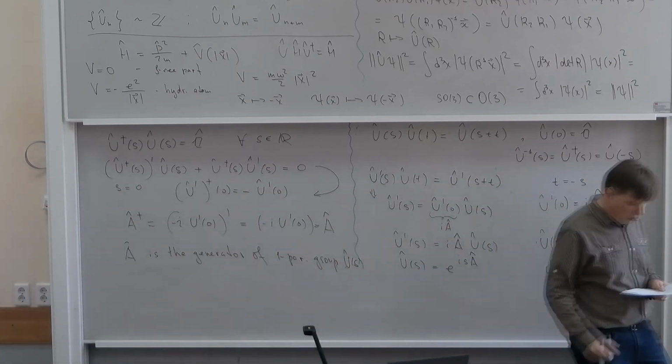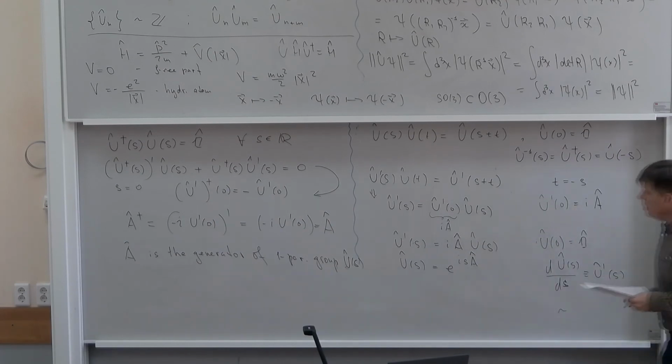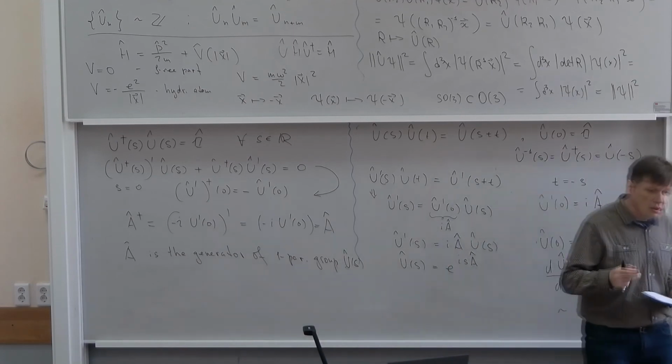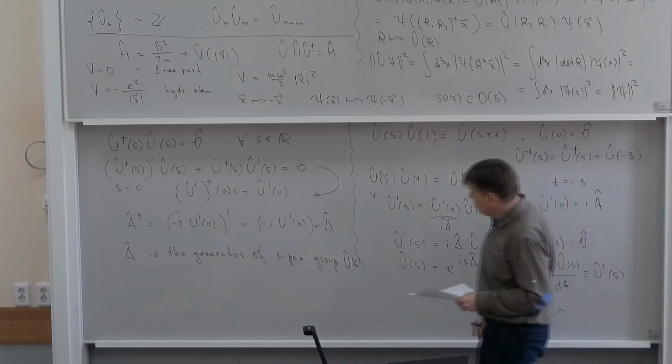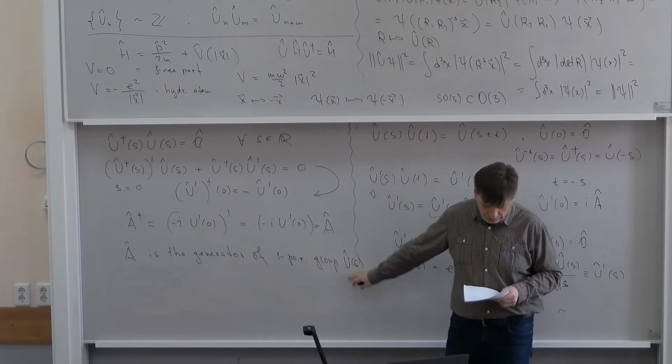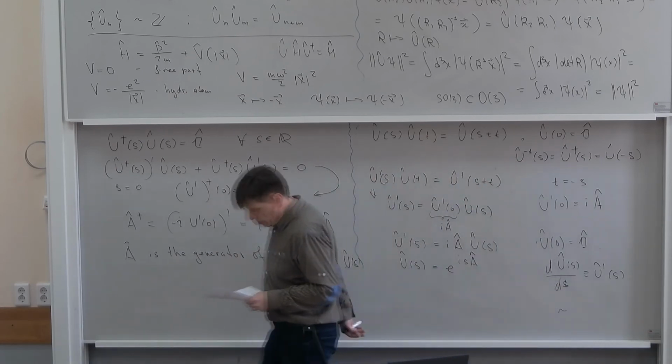In such a way, we have proved that to every conserved quantity A, there corresponds a one parameter group of symmetries of the Hamiltonian, and the other way around.